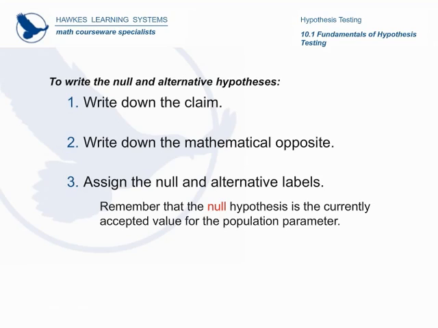Remember that the null hypothesis is the currently accepted value for the population parameter. The label or symbol for the null hypothesis is H sub O, or H sub 0. The alternative hypothesis label or symbol is H sub A, or hypothesis alternative.